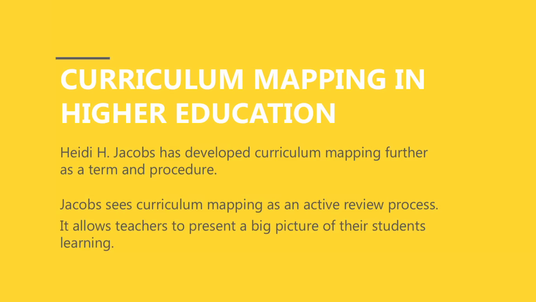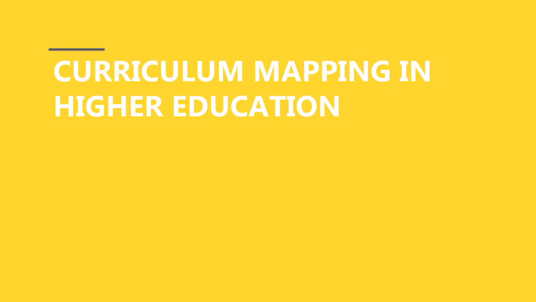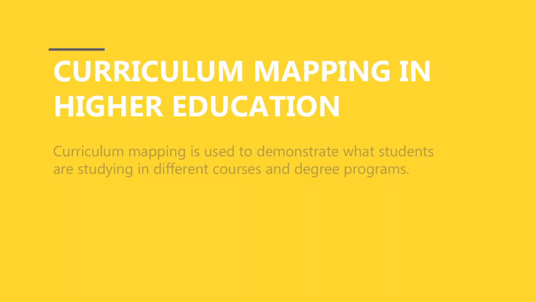This data allows teachers to present a big picture of the students' learning, which is a useful tool when making decisions about curriculums. In higher education, curriculum mapping is used to systematically demonstrate what students are studying in different courses and degree programs.